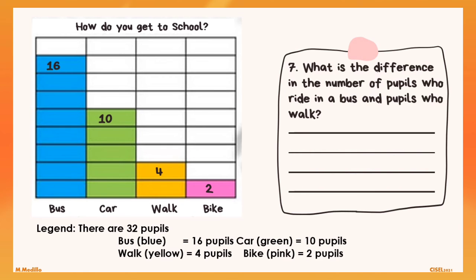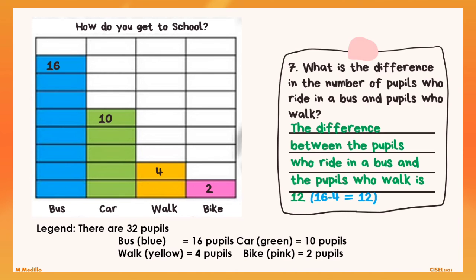Number 7. What is the difference in the number of pupils who ride in a bus and pupils who walk? Superb! The difference between the pupils who ride in a bus and the pupils who walk is 12.